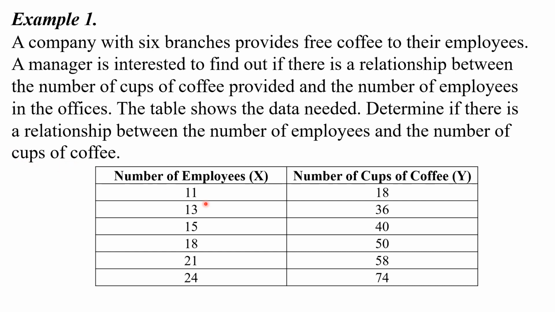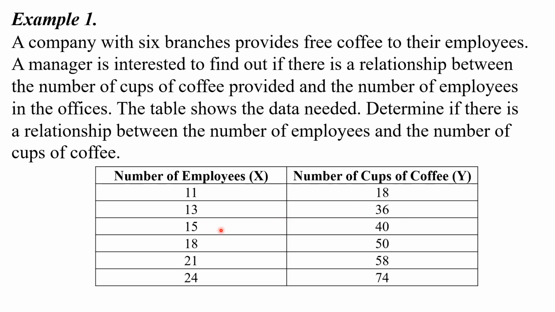Okay, so dito sa table, andyan na yung ating given data. So yung number of employees, that is our X. Then the number of cups, that's our Y. Okay, so dun sa first branch daw, meron silang 11 employees. Then yung number of cups is 18. Then second, 13 employees with 36 cups.